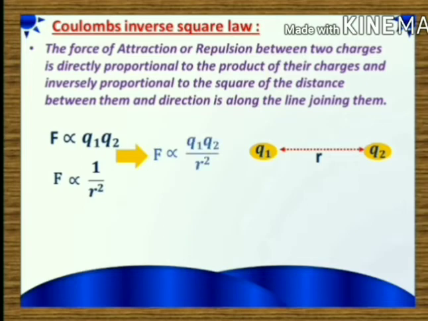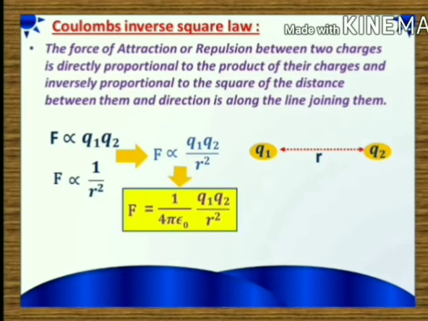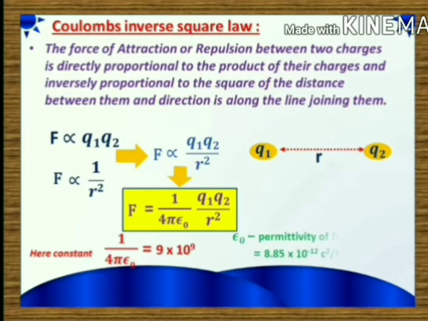If I remove proportionality, I have to put a constant, that is 1 by 4 pi epsilon naught. Now my formula is F equals 1 by 4 pi epsilon naught Q1 Q2 by r square. Here the proportionality constant 1 by 4 pi epsilon naught has the value 9 times 10 to the power of 9 newton meter square per coulomb square.